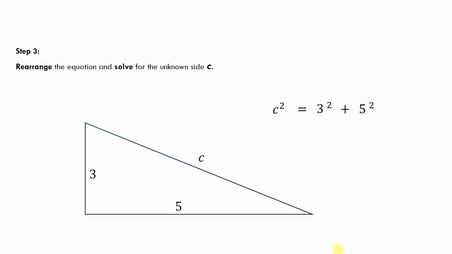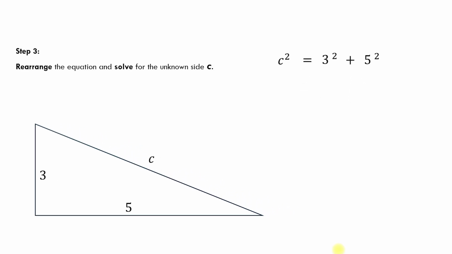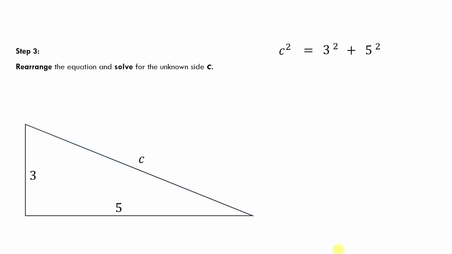Now we can continue evaluating. C squared equals 3 squared plus 5 squared. 3 squared becomes 9, and 5 squared becomes 25. So we can say C squared equals 9 plus 25. C squared equals 34. Now with this equation, we have a value for C squared, but we're looking for the value of C by itself.